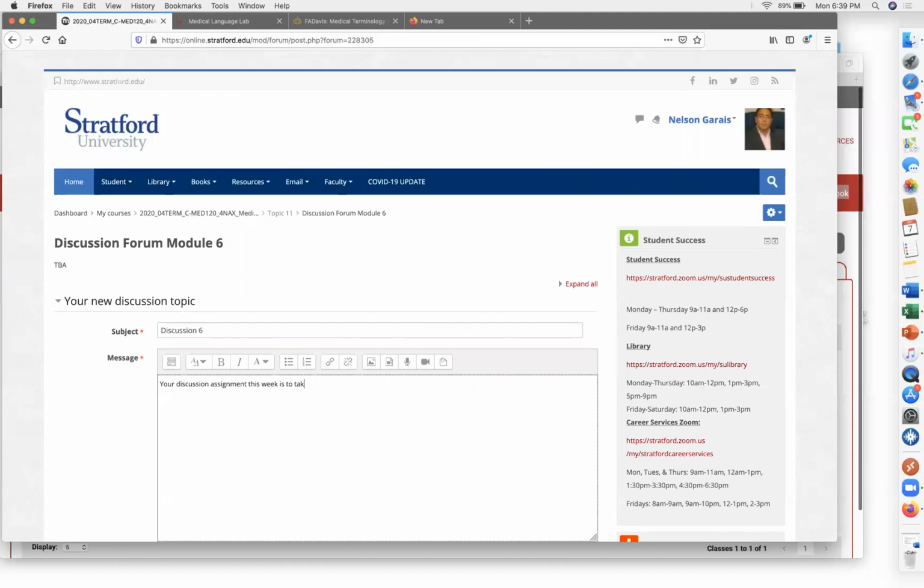Choose one case from the end of the urinary system chapter and create a 5-item multiple choice quiz based on your chosen case.